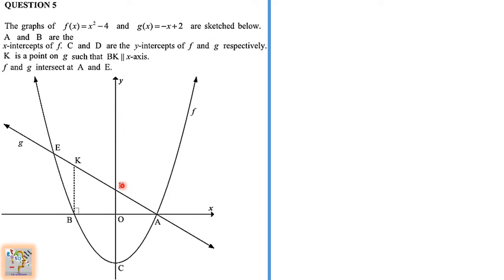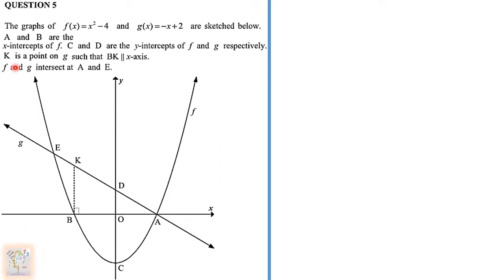At D, this is for the straight line, and at C, this is for the parabola, respectively. When you say respectively, we mean the way they follow one another in that order. If you started with C, it means C is for f, and D is for g.